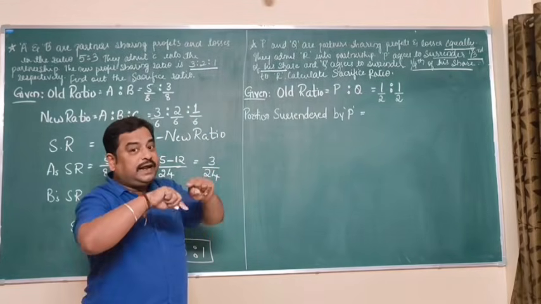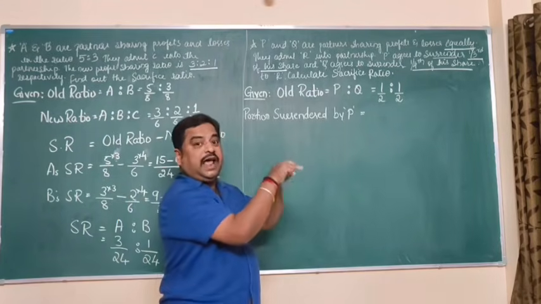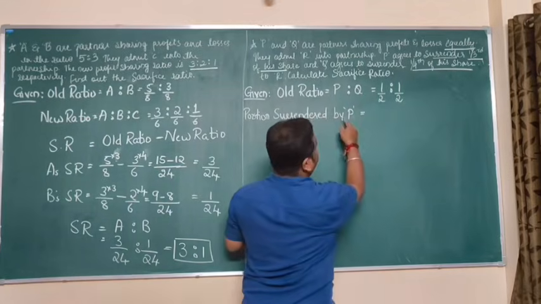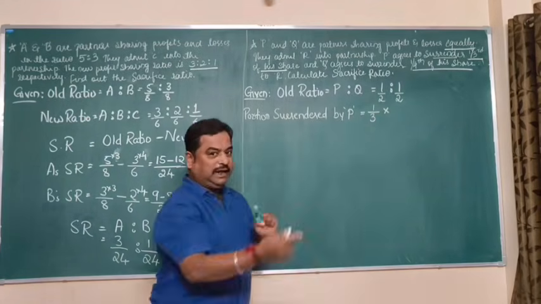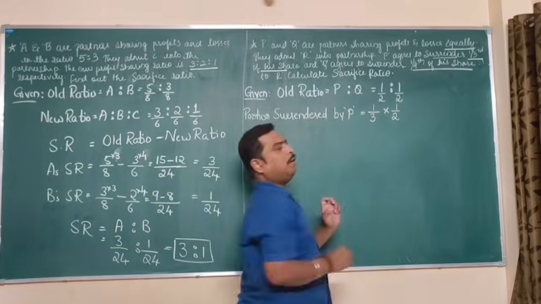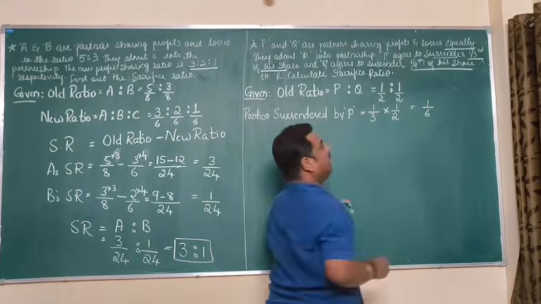P is not surrendering 1/3. He is surrendering 1/3 of his share. And what is his share? 1/2. So portion surrendered by P, 1/3 of means multiplication, his share. And what is his share? Half, 1/2. So 1/3 into 1/2, it is 1/6.